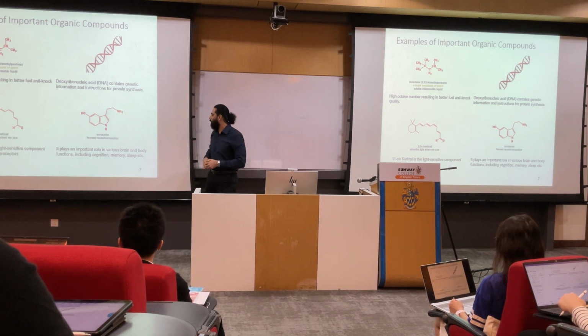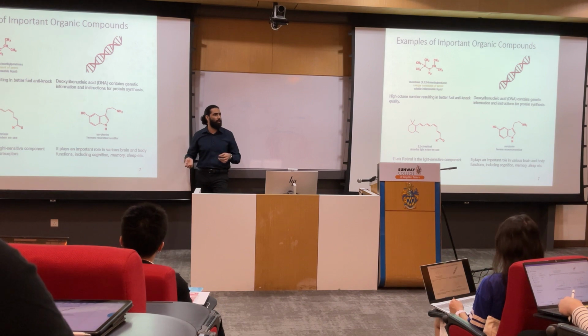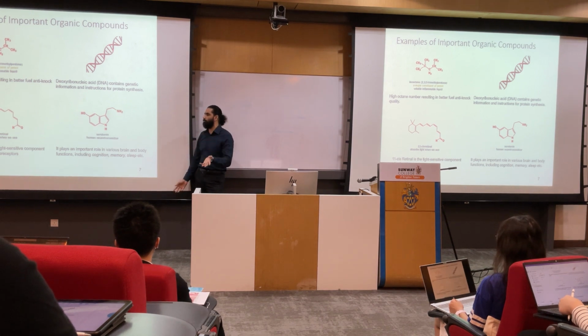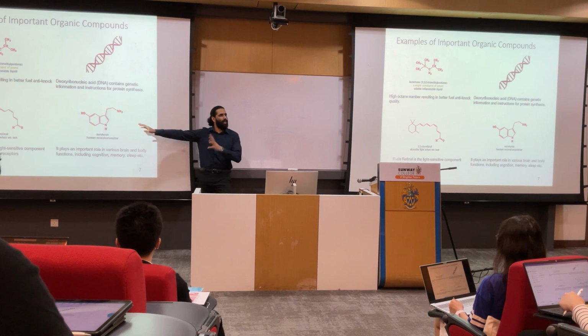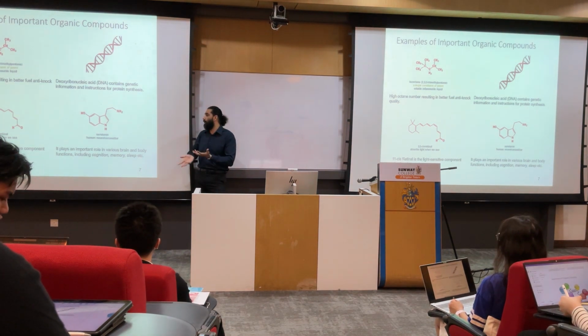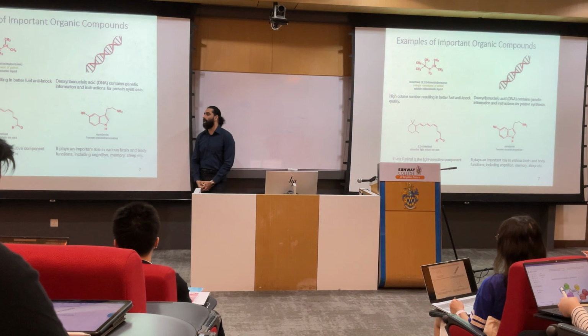But this is essential for all the movements that we make. Serotonin actually dictates if you want to move your hand up or down, or shake your leg. So these are some examples to tell you the importance of organic compounds. Of course, there are millions of compounds, as I say. So use your imagination to think of the applications of organic compounds.